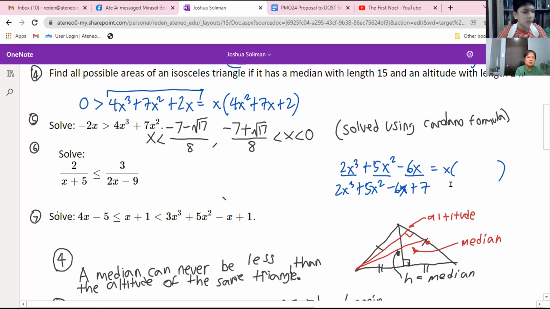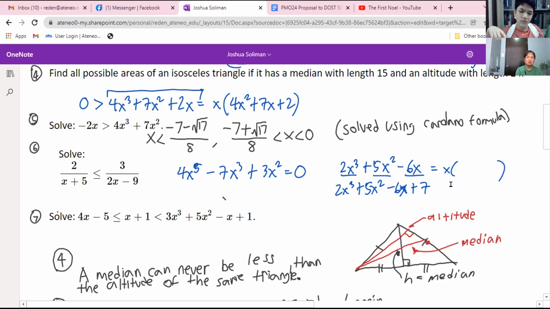Ultimately, let's say you're looking at 4x to the fifth minus 7x cubed plus 3x squared, and say that was an equation rather than an inequality. Even though this is a fifth degree equation, there is no general formula to solve a fifth degree polynomial equation, unlike the Cardano formula and the quadratic formula for cubic and quadratic equations.